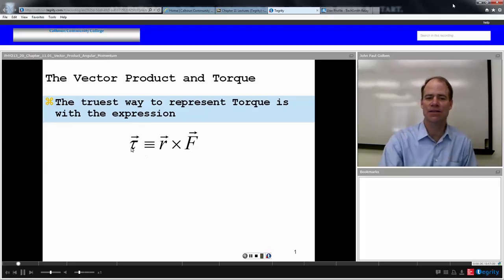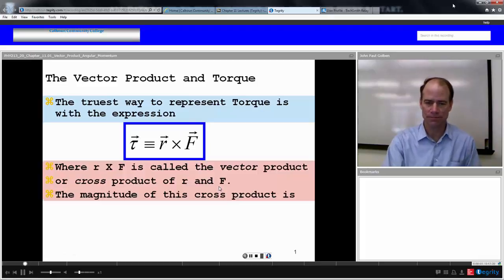We can define the torque vector as the radius vector to a point crossed with the force that is acting at that point. And that is a vector product. It gives us a vector when it's done.